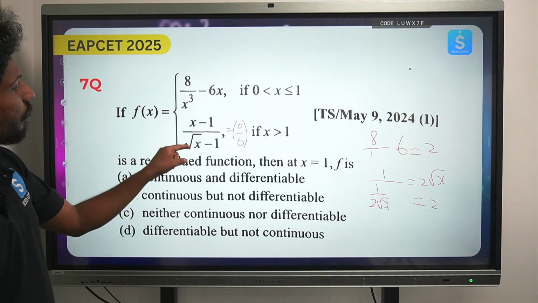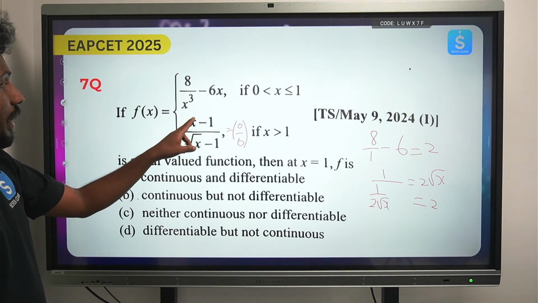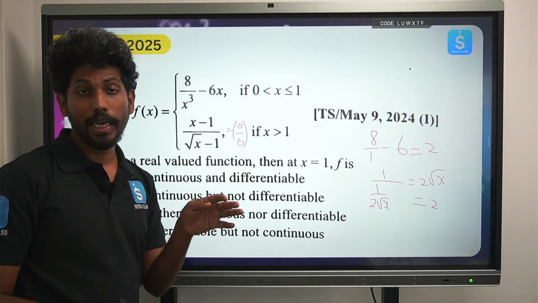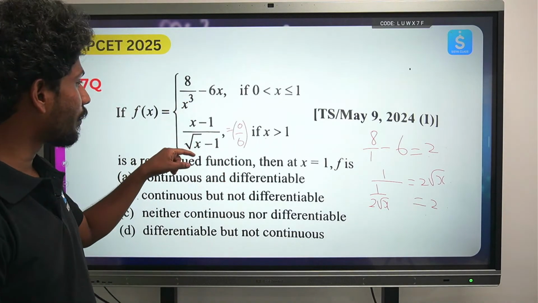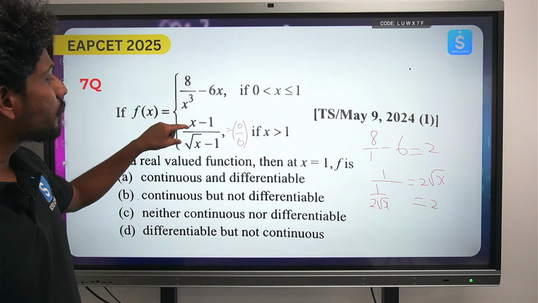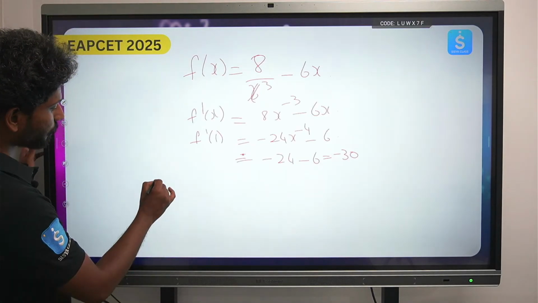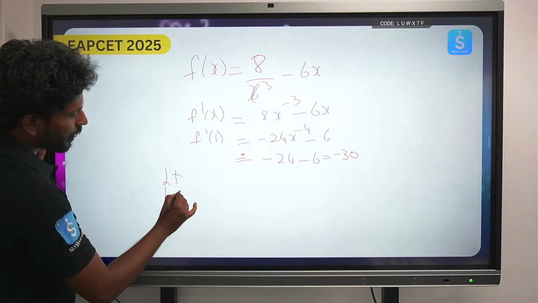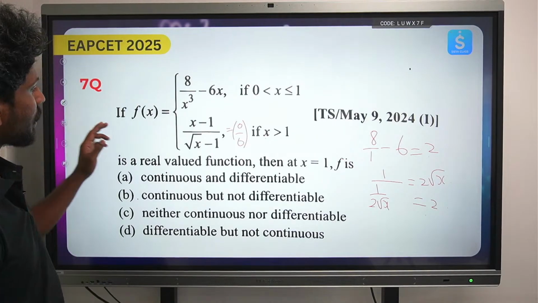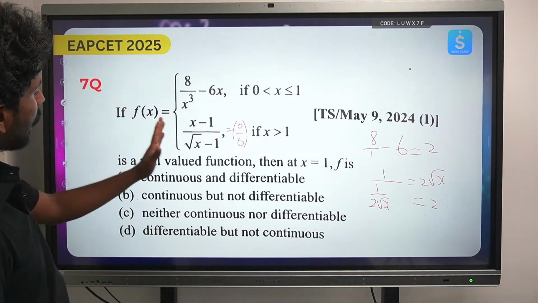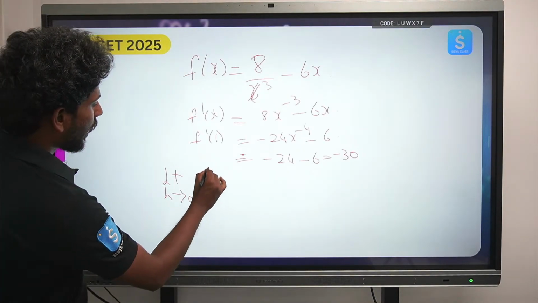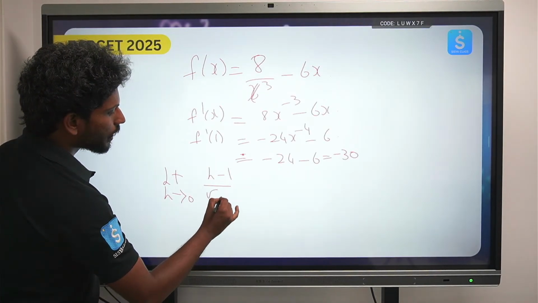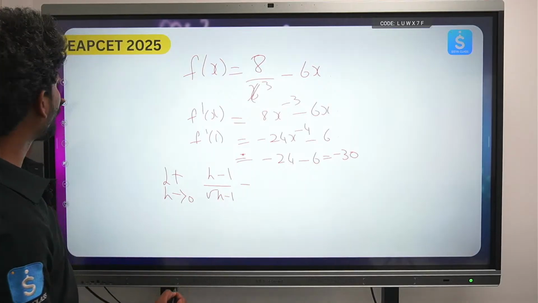Similarly, how can I differentiate this? If I try to differentiate, this is again the u by v rule, and it takes almost 2 pages to complete this problem by using the u by v rule. So that is the reason we will be using limit h tends to 0, f of a plus h, 0 plus h, so f of 1 by root h minus 1 minus f of 0.